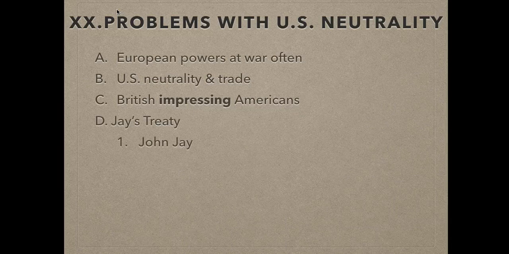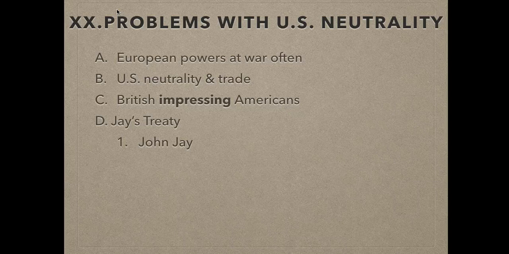So what's going to happen is John Jay, who at the time is Chief Justice, is going to be sent to London to try and negotiate this issue, along with some others, with Britain. Just to give you a background, you don't need to write this, but other issues that Jay is going to be discussing in England: he's particularly going to be concerned with the fact that once the American Revolutionary War was over and the treaty was signed, the British had promised to remove their troops from military outposts in America.